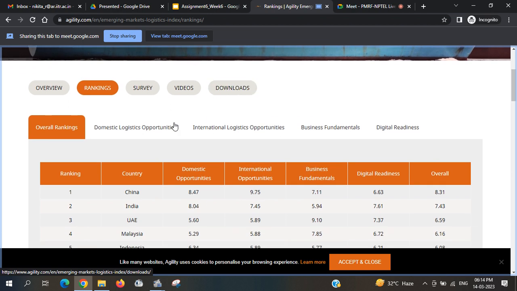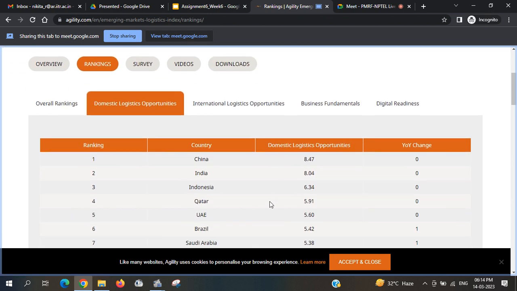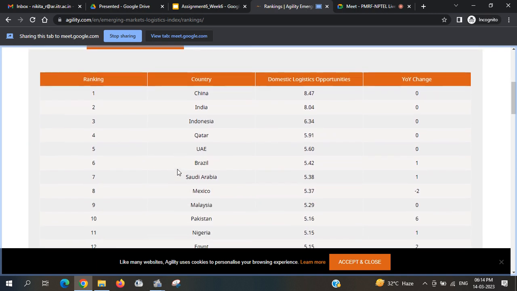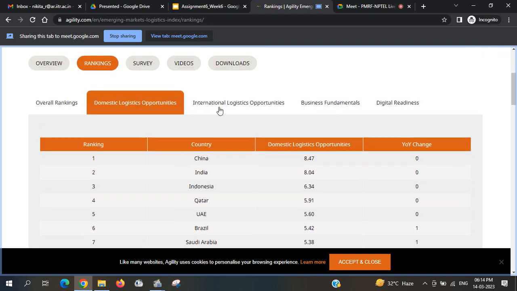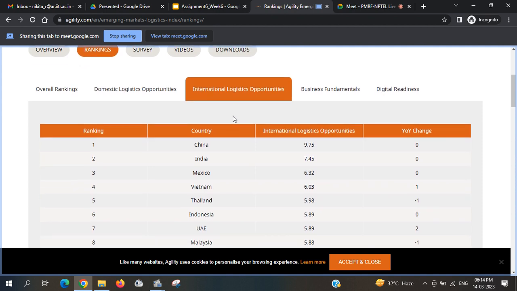Then you can see for each different component of the index how the countries are ranked and what are their weights or points in the index that have been assigned to them.